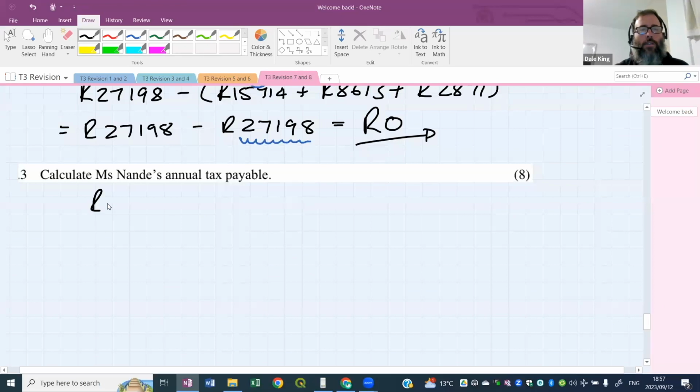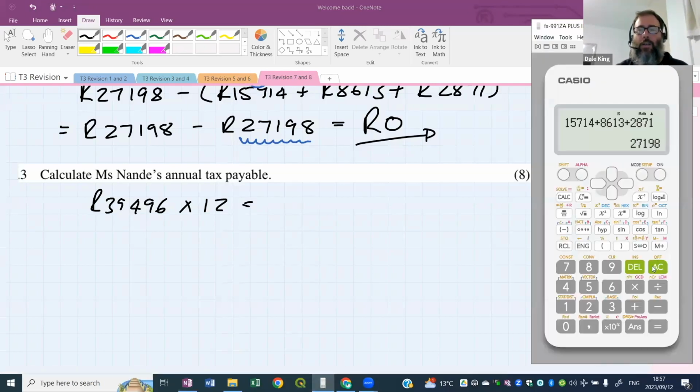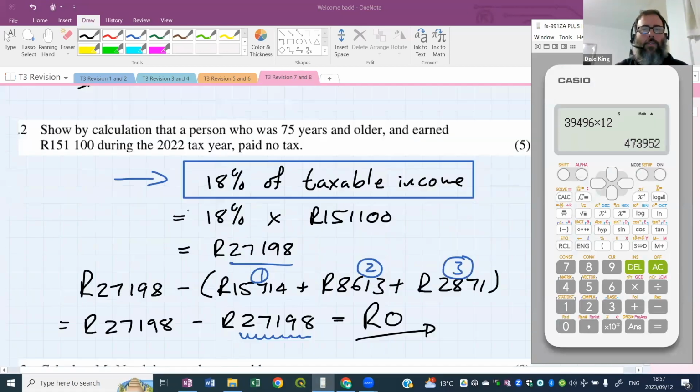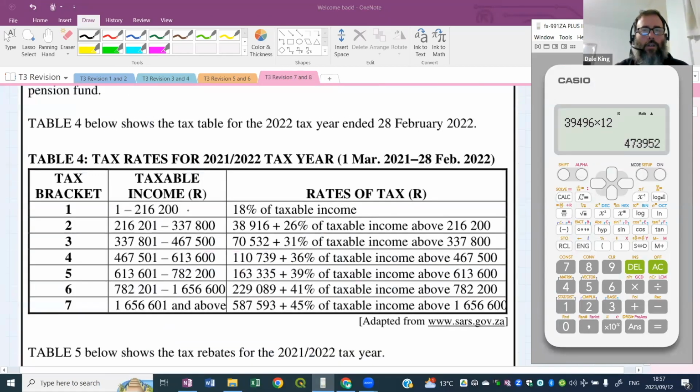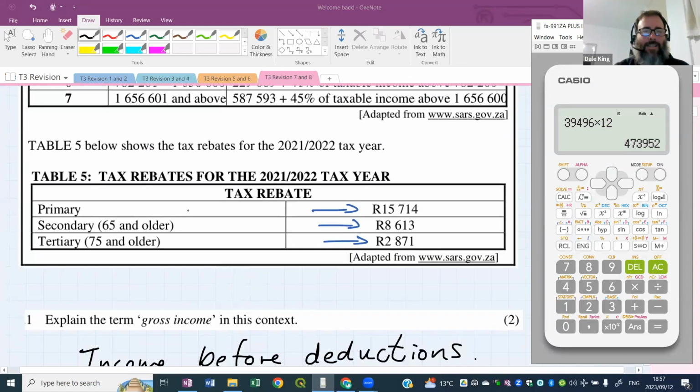So 39,486 times 12, and this will give us an annual income. I think I wrote the number wrong. Let me check. 39,486.